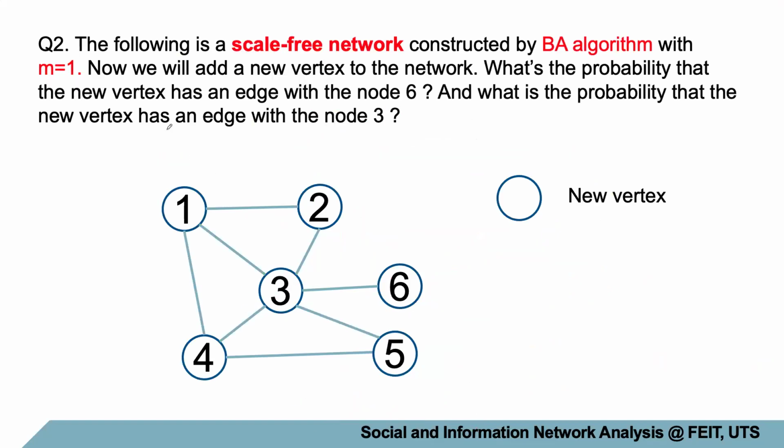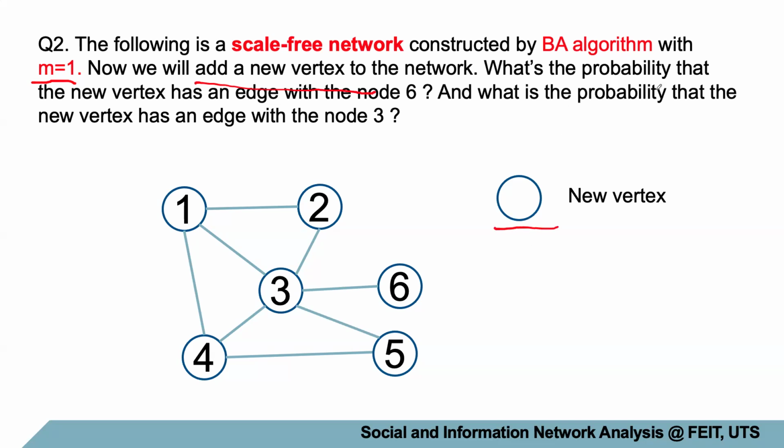So, the following is a scale-free network generated by the BA algorithm. Let's say we use m equals 1. So for a new vertex, you will have 1 edge connected to it. Now we add a new vertex to this network.